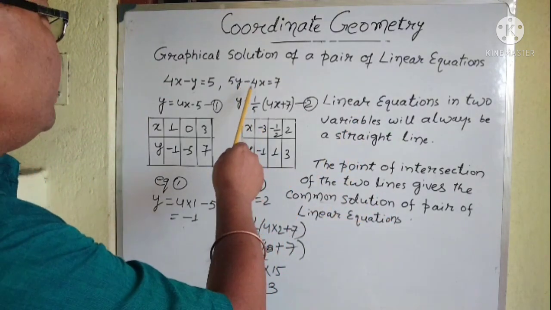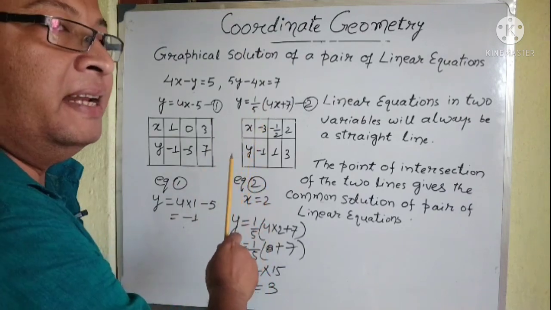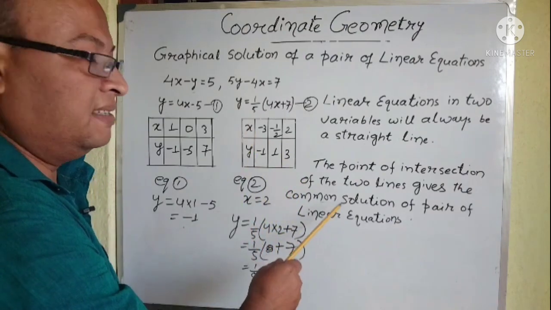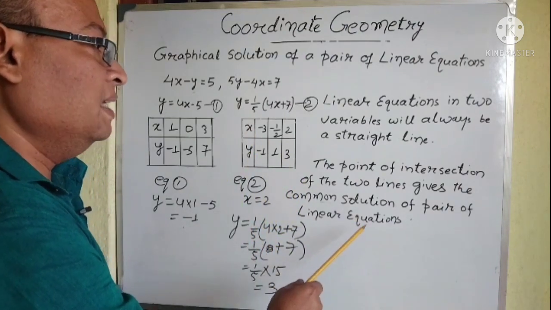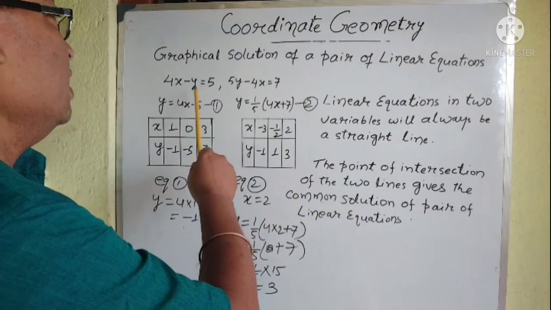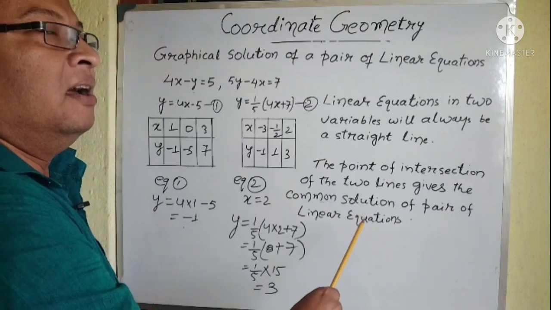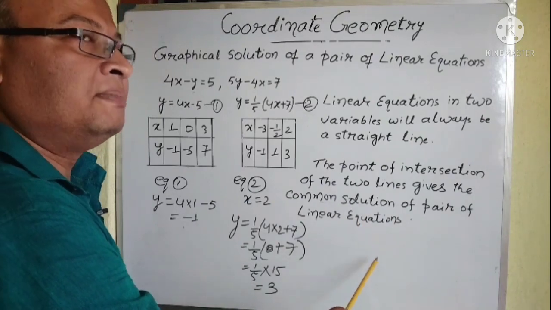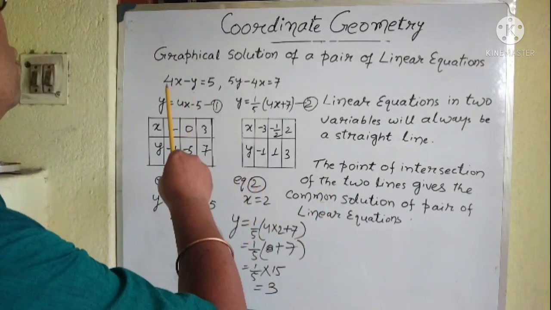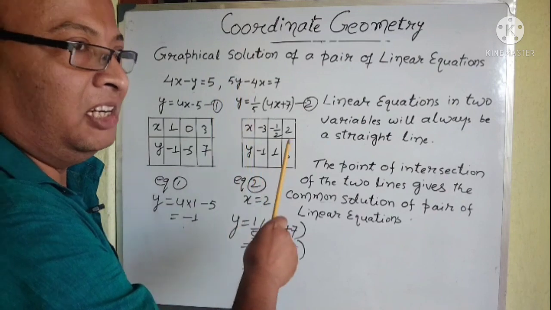When you plot these two lines in a graph, they will intersect, and the point of intersection will be the common value of these two equations. What does it mean? The intersection point will have a value of abscissa and ordinate, that means the value of x and y. If you put the value of x and y in both the equations, they will satisfy.